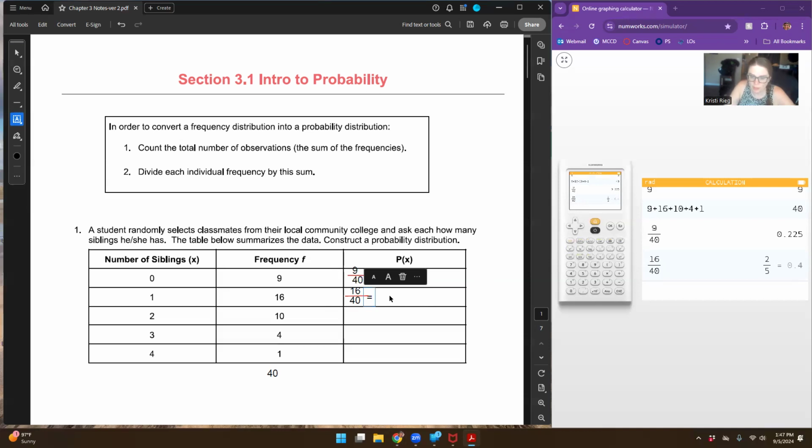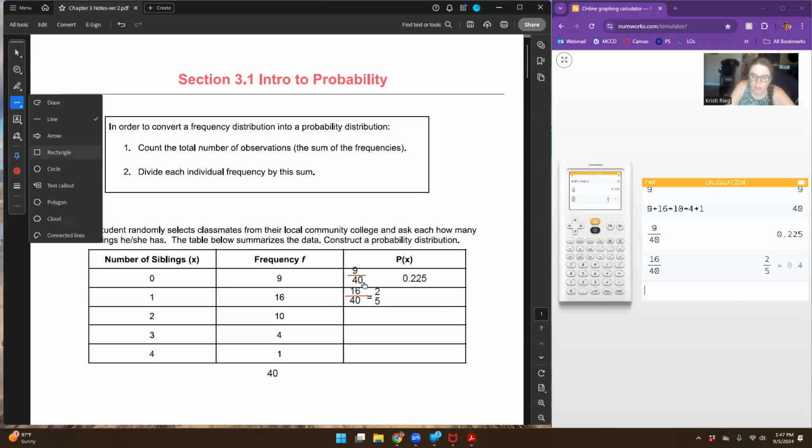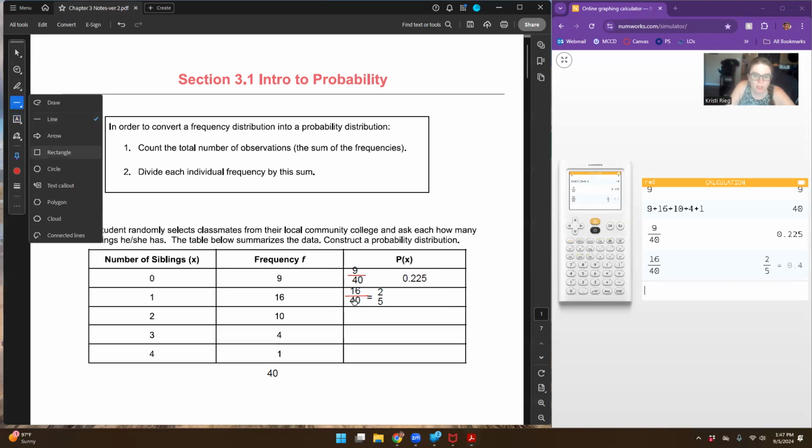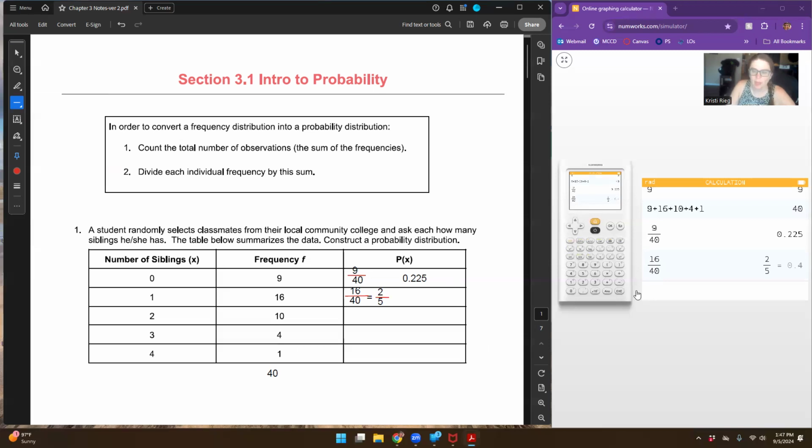So we have equals 2 over 5, and my fraction bar. I'm just going to do those two because it's such a pain to type in. And then I have my decimal, which is 0.4.